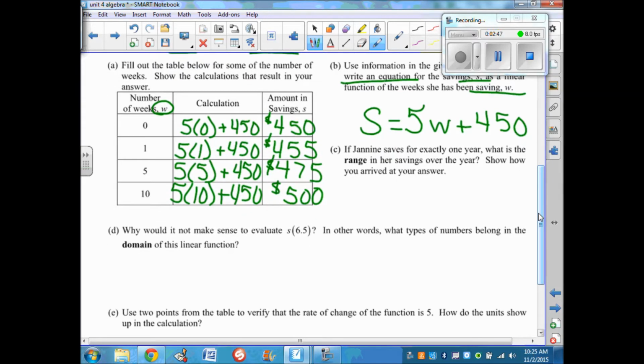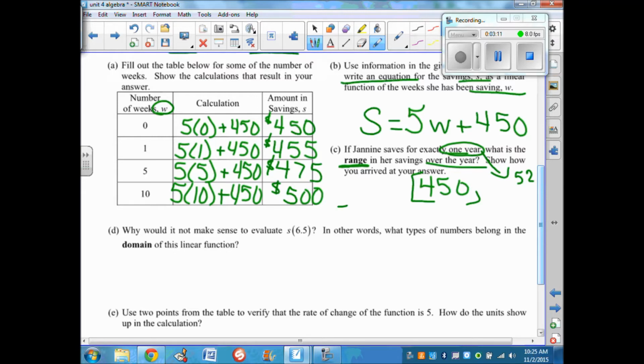If Janine saves for exactly 1 year, what is the range of her savings over the year? When she first starts out at week 0, we know she's got $450 in her account. Now after 1 year, how many weeks is that? That's that background knowledge: there are 52 weeks in a year.